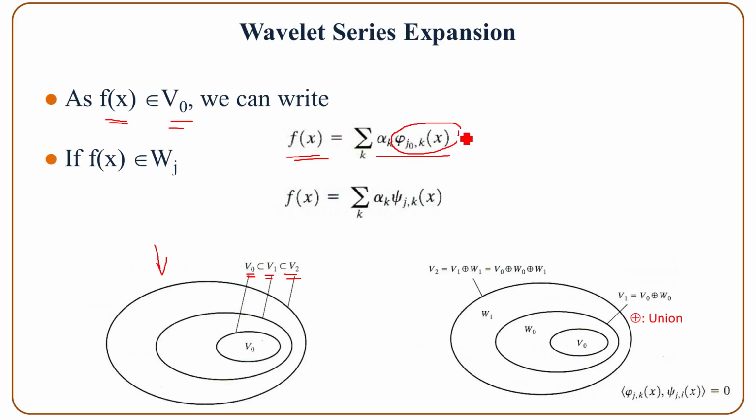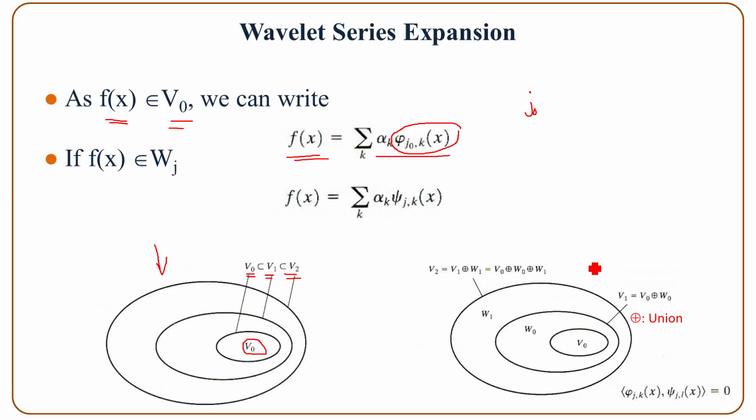And basically, it is a linear combination of the basis functions in that space. And j0 here is the arbitrary starting level corresponding to V0.